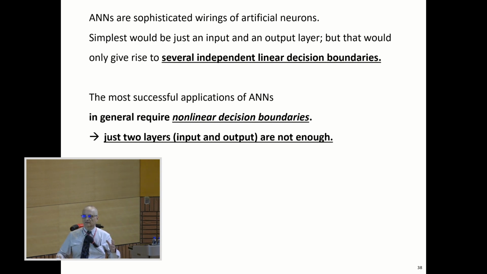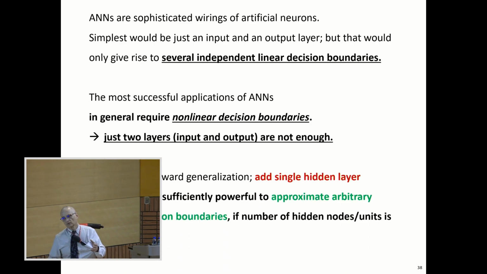Two layers, input and output, are not enough. You need to put one hidden layer, sometimes two, sometimes more. The standard one, a single hidden layer, is sufficiently powerful to approximate arbitrary nonlinear decision boundaries. And if you add more, then you can handle more complicated problems.